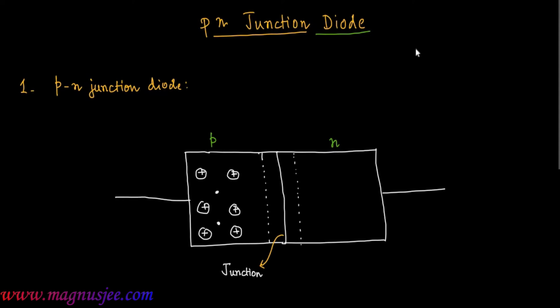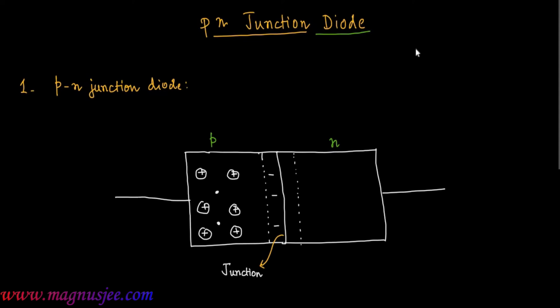Initially we had a hole, and this hole will diffuse inside, and at that position we get what? An immobile negative ion. So we can denote it here with a minus sign.